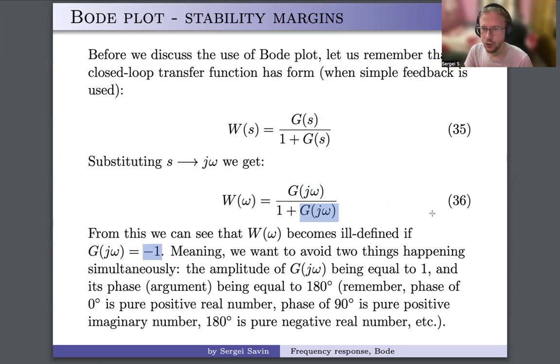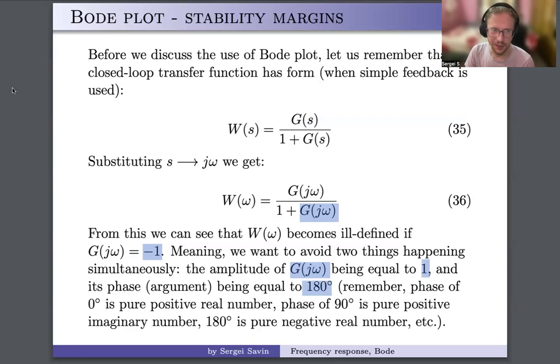When is this going to happen? When the amplitude of G of j omega is equal to 1, so the amplification of the input signal is equal to 1. The second requirement is for the phase to be 180.